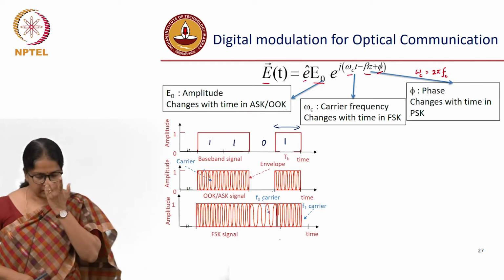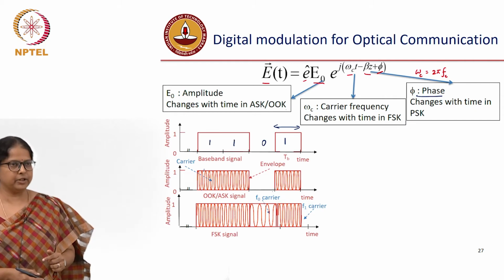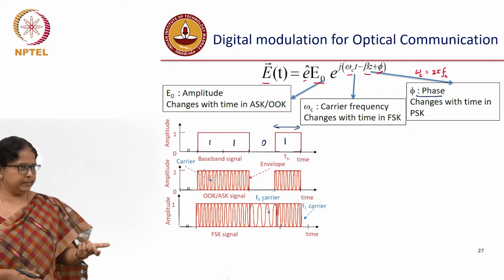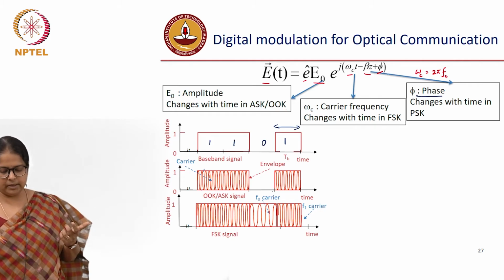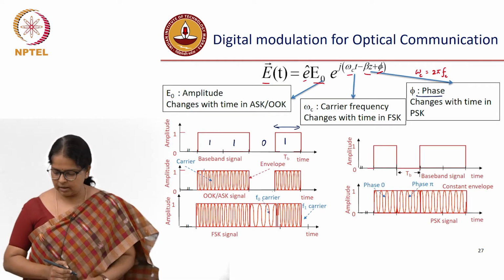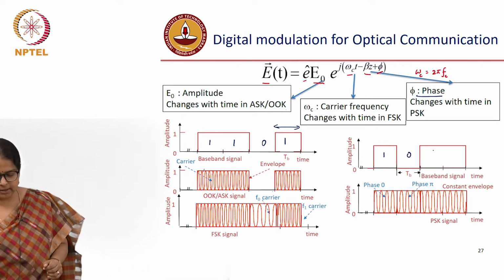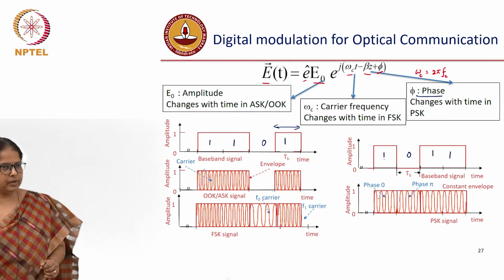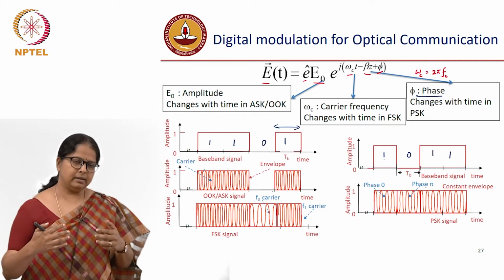Now, the third way of doing it is to change the phase as a function of the input bit. I could either change the amplitude or change the frequency, or I can change the phase phi. For instance, let us say I want to transport 1 0 1 1. I represent 1 as phase 0, I represent 0 as phase pi. That is my way of representing.